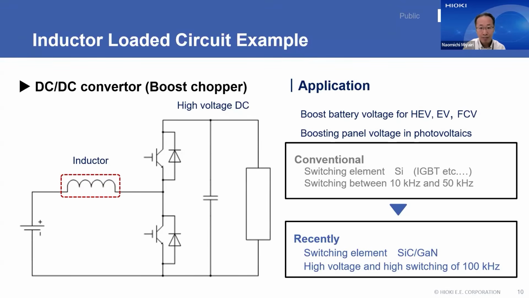Silicon, Si, is commonly used as the switching device with mainstream switching frequencies ranging from around 10 kHz to 50 kHz. Recently, new materials such as silicon carbide, SiC, and gallium nitride, GaN, are being adopted as switching devices, enabling higher voltage rating and faster switching speed.